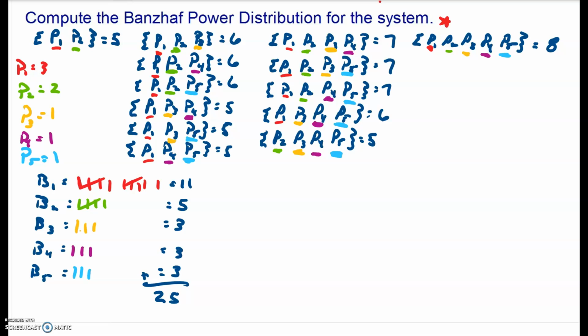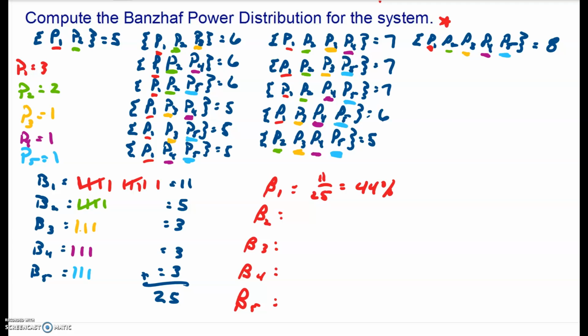Now, to find the Banzaf index for each player, beta 1, beta 2, beta 3, beta 4, and beta 5, we take how many times that player is critical divided by the total number of criticals. For player 1, 11 divided by 25 is 44%.